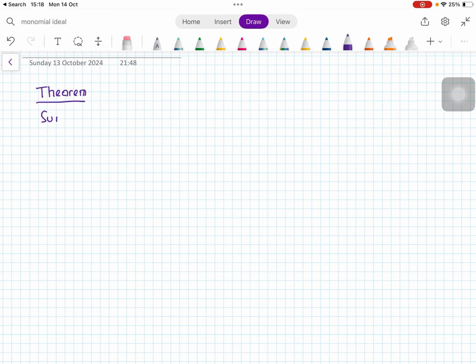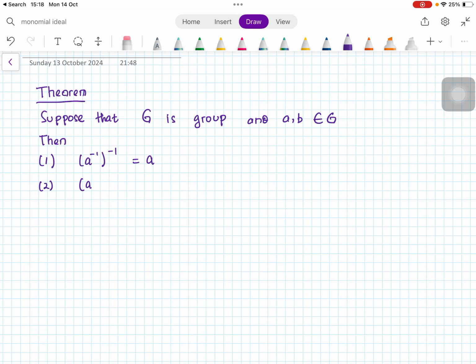Suppose that G is a group, and here we have A and B in G. Then the first one is that the inverse of A inverse equals A, and the second one is that the inverse of A star B equals B inverse star A inverse.